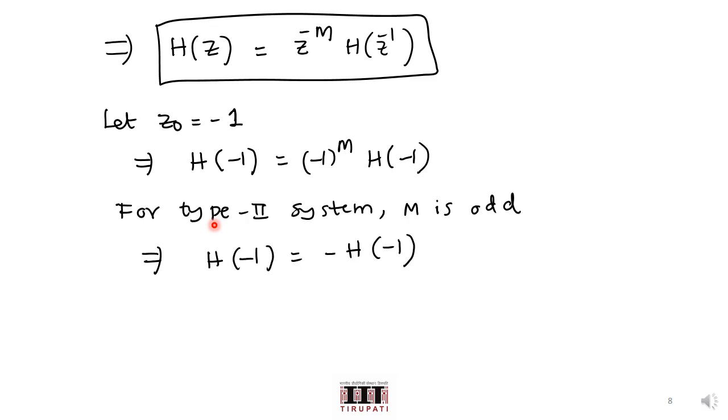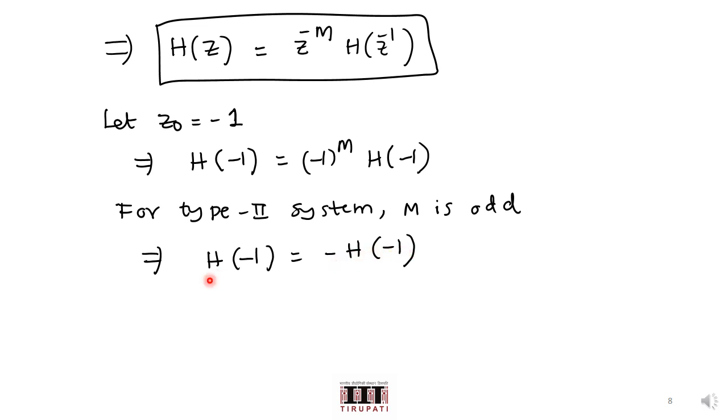Now let's consider the type 2 system. What would happen in a type 2 system? Your number of coefficients is even and the m value is odd. So when you have an odd value here, H of minus 1 is equal to minus of H of minus 1.